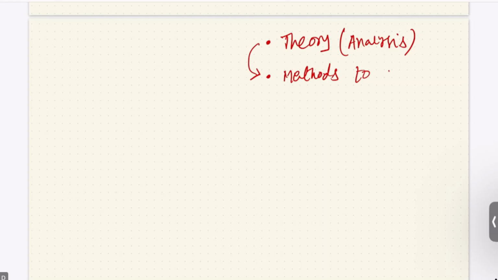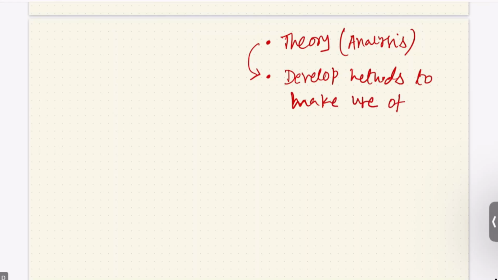You can say develop methods to make use of solving real problems.